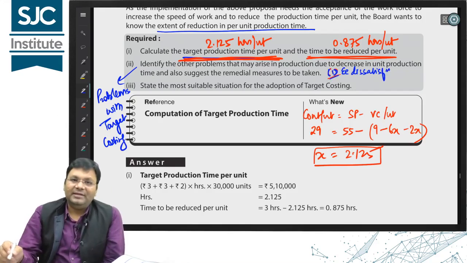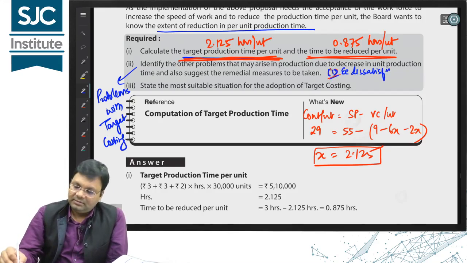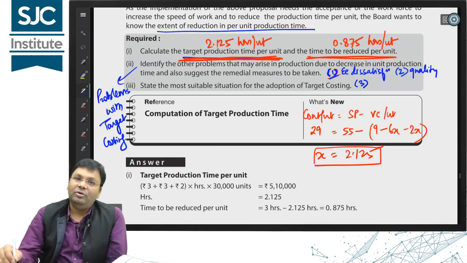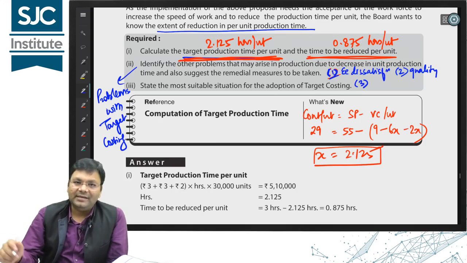Even though you are increasing their wage rate, working in this lesser time can be very stressful. Second problem can be quality can get compromised. Third problem can be, if they are unable to reduce this time instantly for the coming period, then your budget will not be achievable.